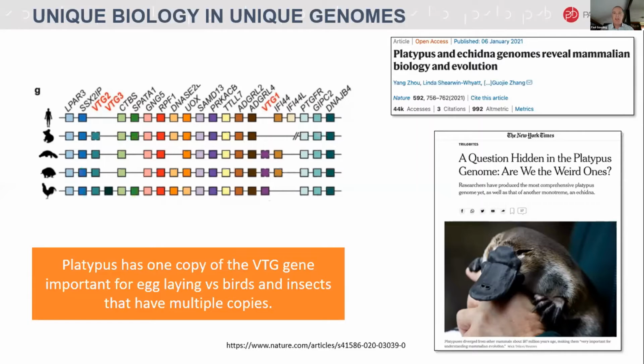So it suggests perhaps that this is something that mammals, including humans, have lost rather than a unique and clever strategy that monotremes have. So again, something fundamental in biology that you can explore through the genome when you've got this kind of very accurate and long read sequencing.